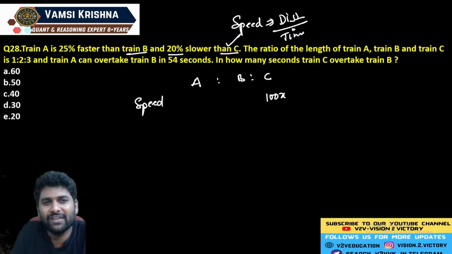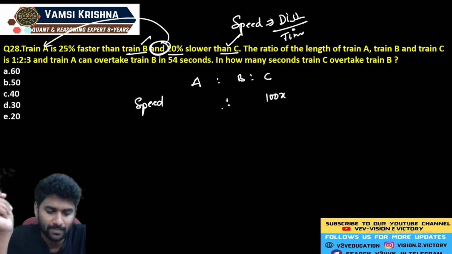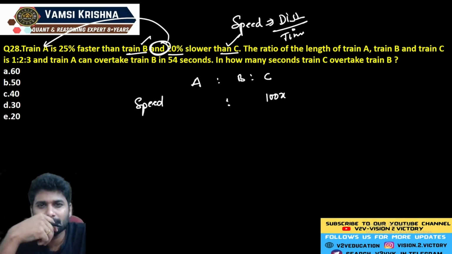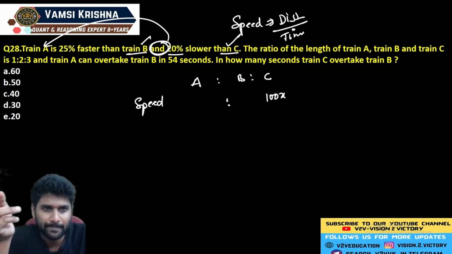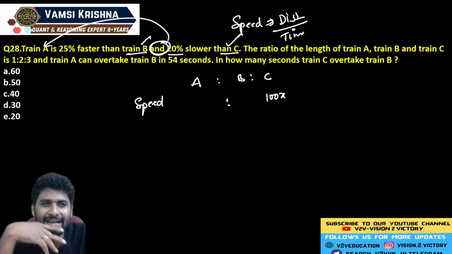Now train A is 25% faster than train B here, and A is again represented by A, don't assume it is B. Train A is 20% slower than train C, guys, that is 20% less than train C. Is it clear? Now you just tell me what is the ratio of train A, train B and train C.